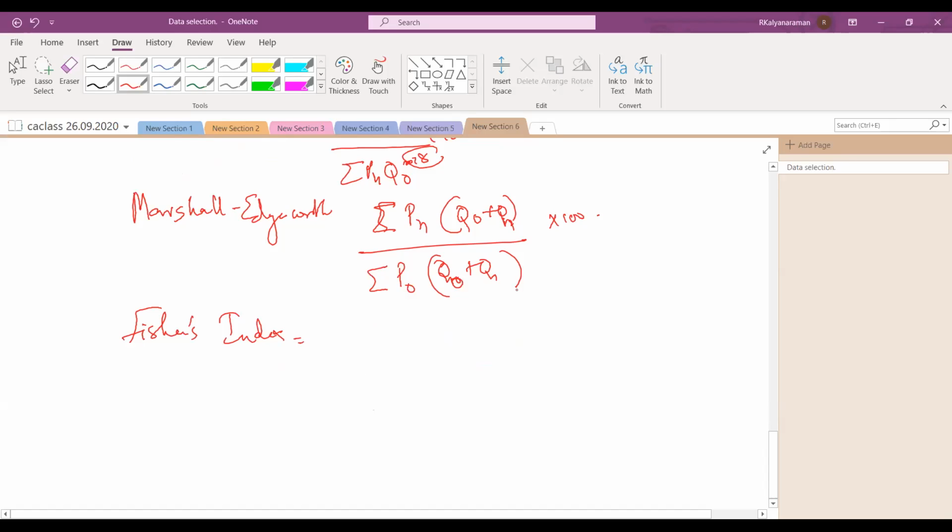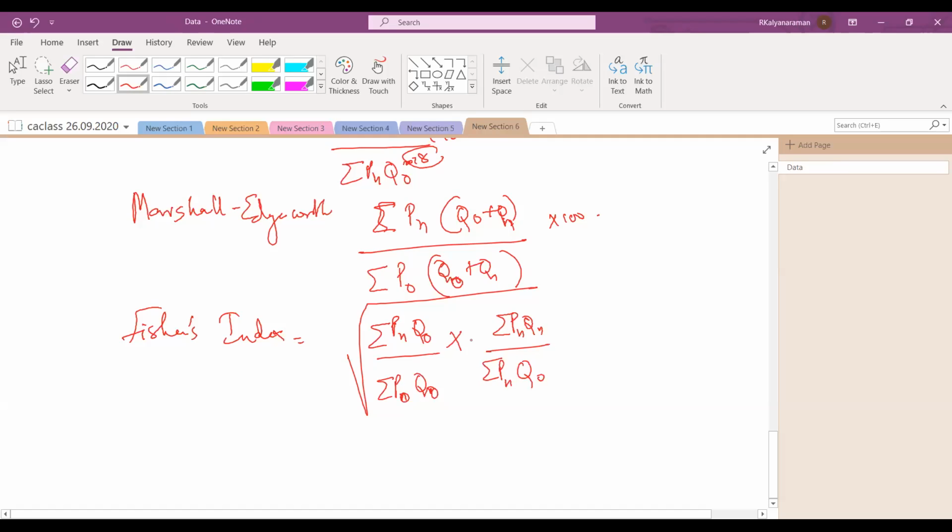So he said, you take sigma of Pn Qn by sigma Pn Q naught into sigma Pn Qn by sigma Pn Q naught, this into 100. So all the index numbers are generally taken as a percentage. Quantity divided by original into 100. So the Fisher index is also a percentage.